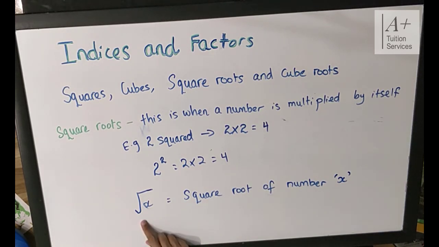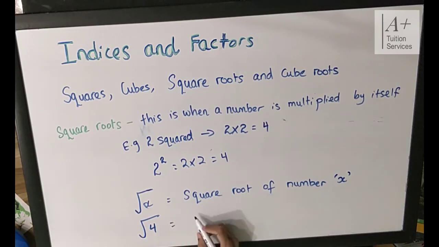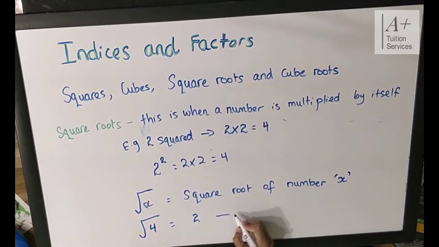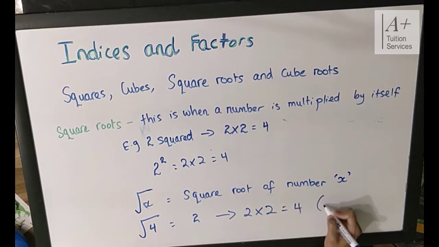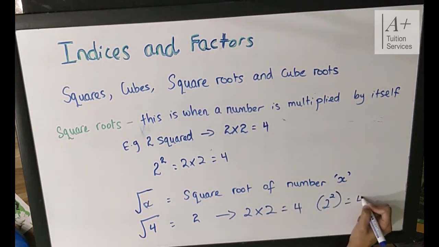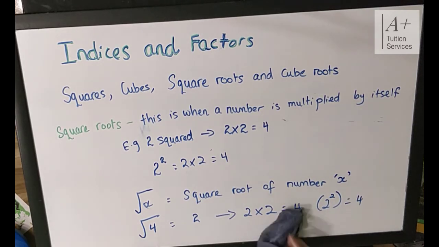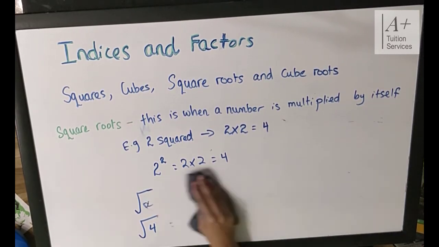So square root x means square root of number x. So if I have the square root of 4, then this is 2, because we know that 2 multiplied by 2 is equal to 4, or 2 squared is equal to 4. Good? Let's take another example.